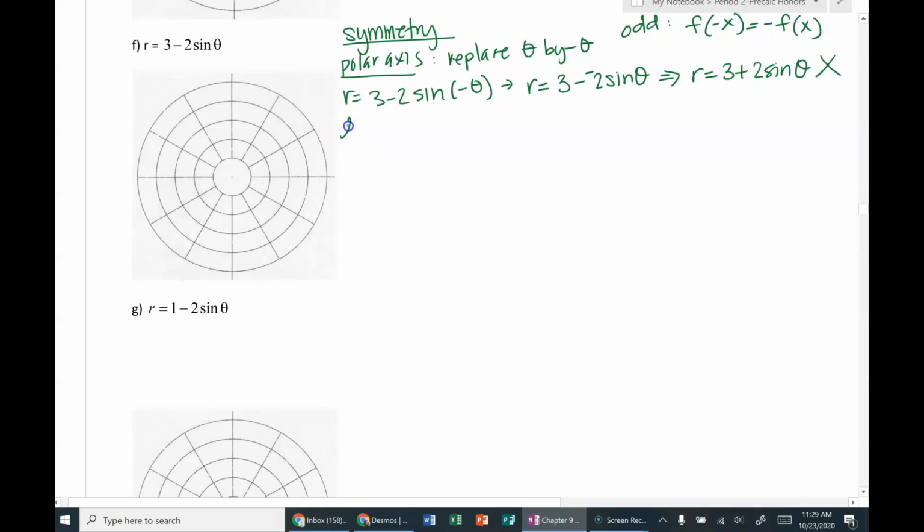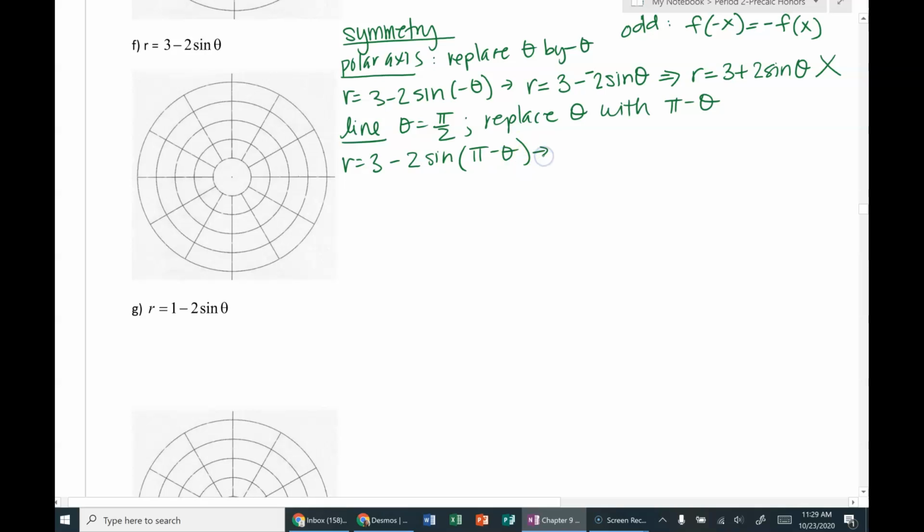Next, we want to see if it's at all symmetric with respect to the line theta equals pi over 2. So the formula said replace theta with pi minus theta. Okay, then let's rock and roll. r equals 3 minus 2 times sine of pi minus theta.